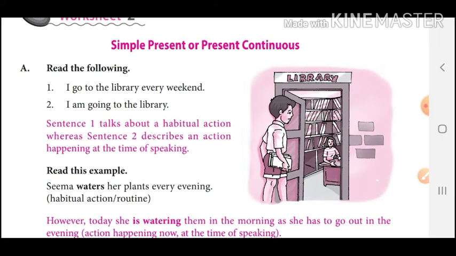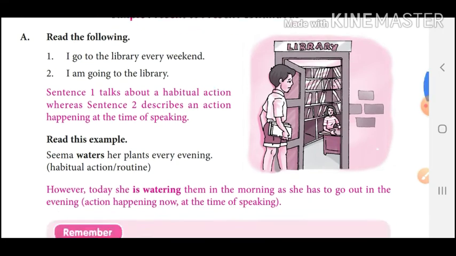Habitual action means I go to the library every weekend. It means this is the habit. After every weekend I go to the library. So it shows the routine. And in the next sentence, I am going to the library. It describes an action happening at the time of speaking. It means I am going to the library and I am speaking also that I am going to the library.